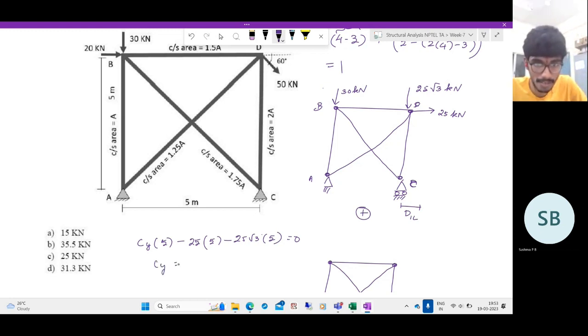So Cy is nothing but 25 into 1 plus root 3 kilonewtons.